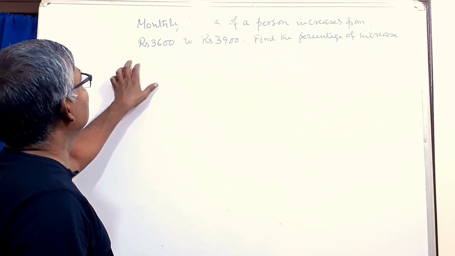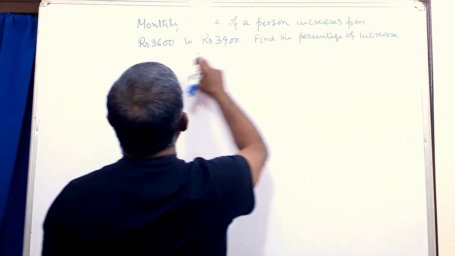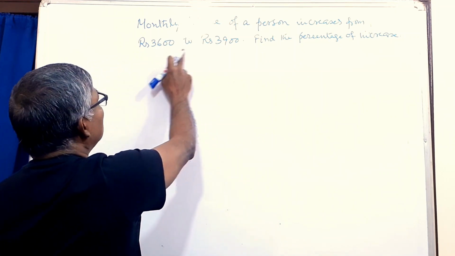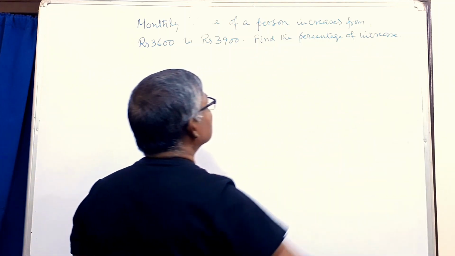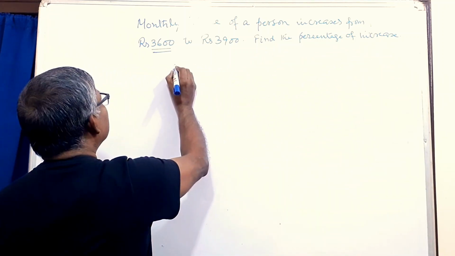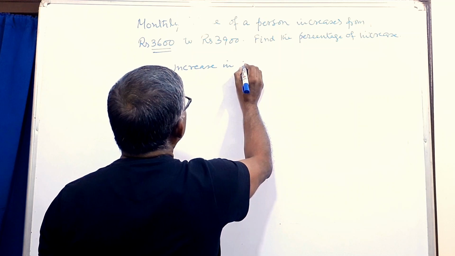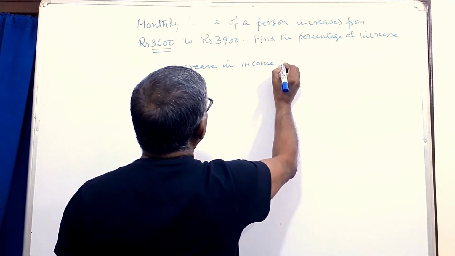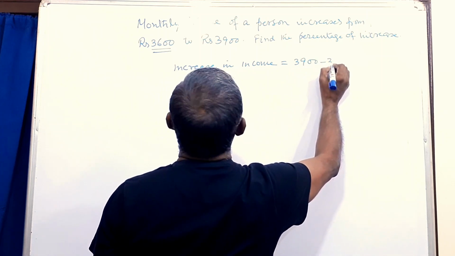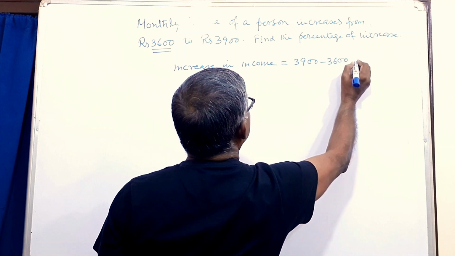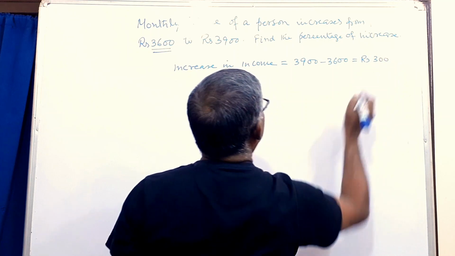Let us solve the problem. Monthly income of a person increases from 3600 to 3900. Find the percentage of increase of his income. So increase in income equals 300.